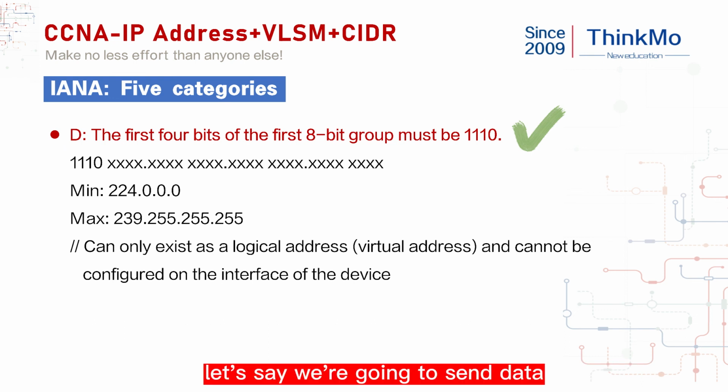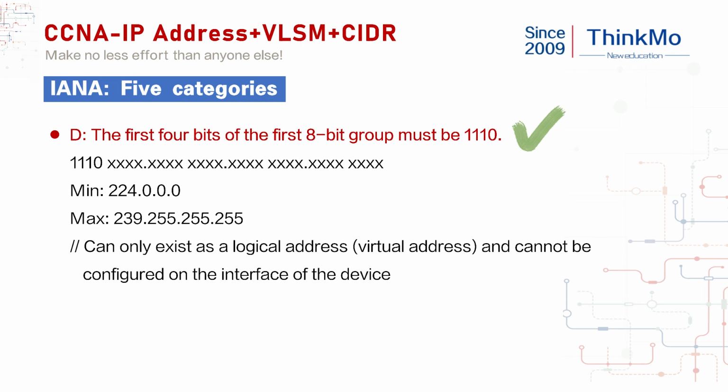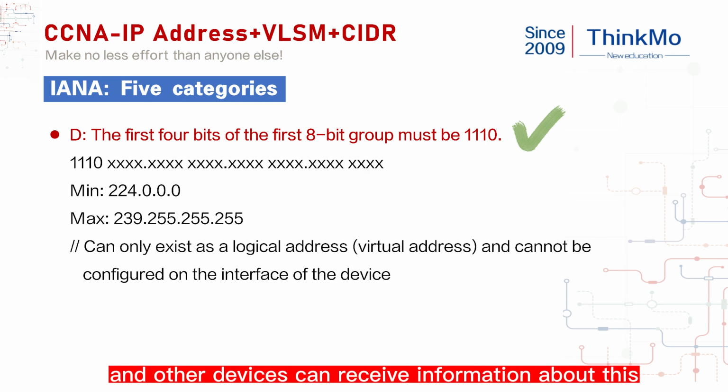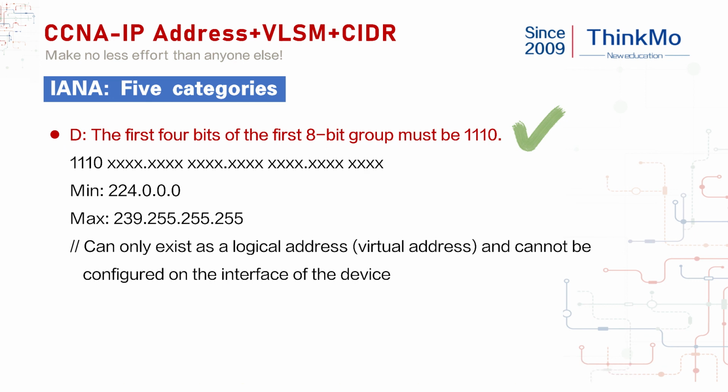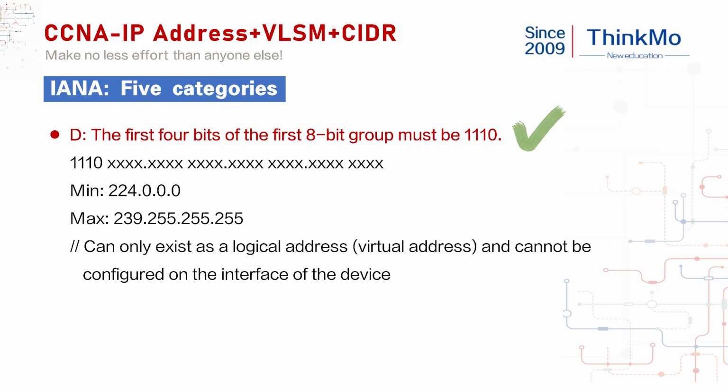You can understand a logical address as a virtual address. Let's say we're going to send data. It can be sent to a virtual address, and other devices can receive information about this virtual address. We call it listening. But this address can't be paired with any one device. It is a logical address generated by simulation.